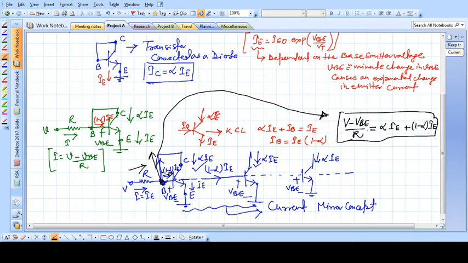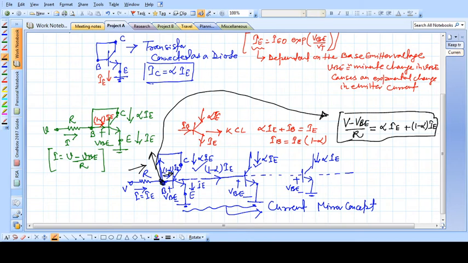Now for a single one, and for two transistors, it should be alpha I plus (1 minus alpha) I. If the number of stages is more, then for n stages we should write alpha I plus (1 minus alpha) I times (n plus 1).